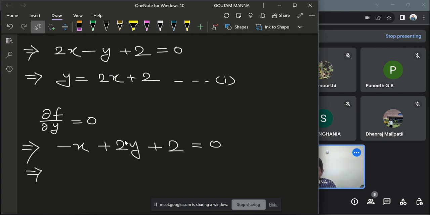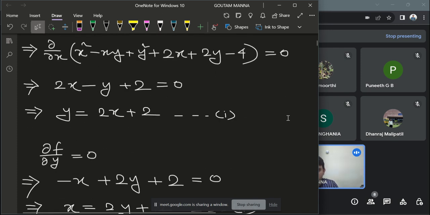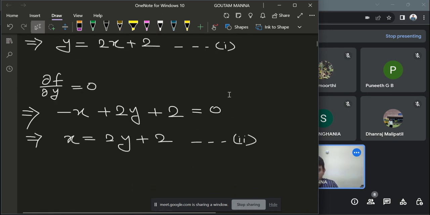So now x equals to 2y plus 2. All the critical points of this function will satisfy equation 1 and equation 2.